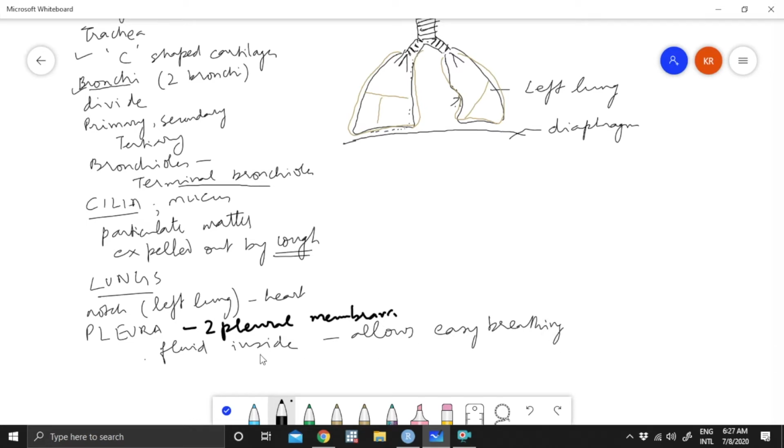So one of the pleural membranes is attached to the chest cavity, other is closely attached to the lungs, and therefore in between the fluid acts like a buffer, and it allows easy breathing to take place.